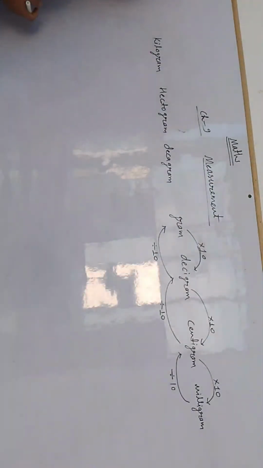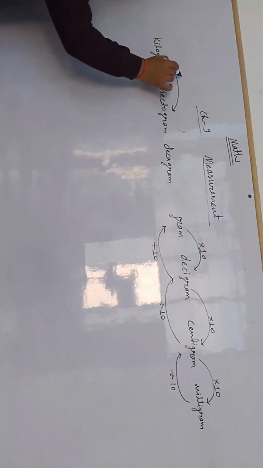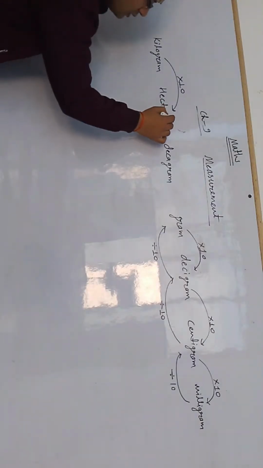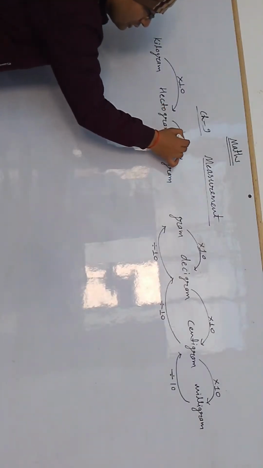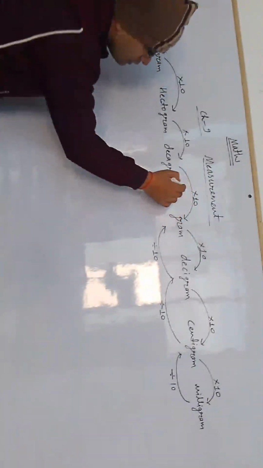And in 1 kilogram, we will follow the same pattern. In 1 kilogram there is 10 hectogram. In 1 hectogram there is 10 decagram, and in 1 decagram there is 10 gram.